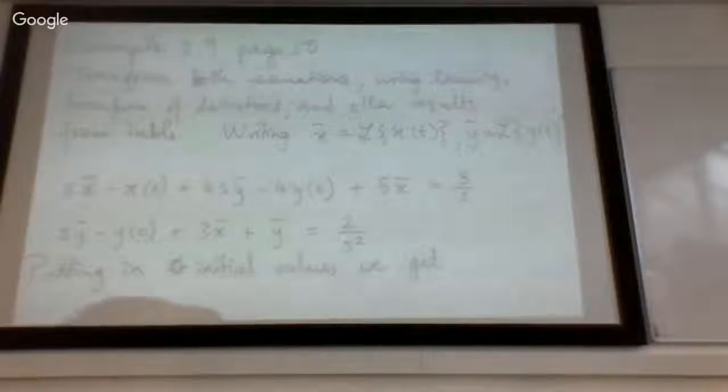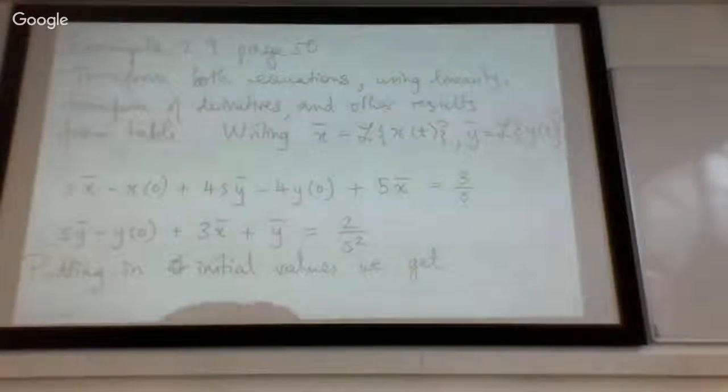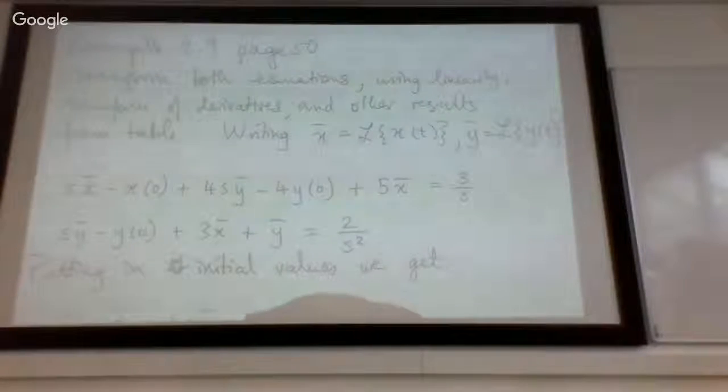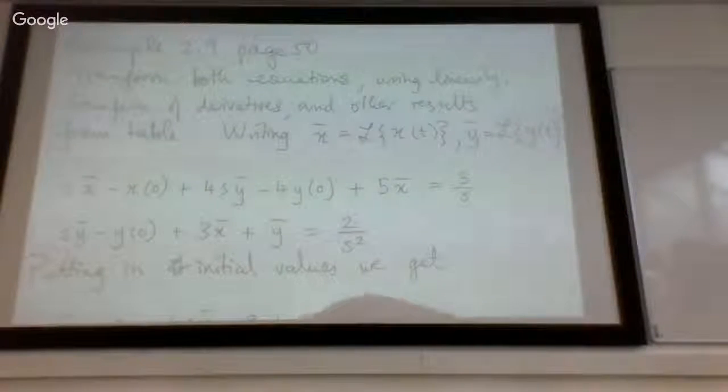so you're going to get the equation s x bar plus 3 plus 4s y bar minus 4 times y of 0, so it's going to be minus 8. And you get plus 5x bar equals 3 over s.